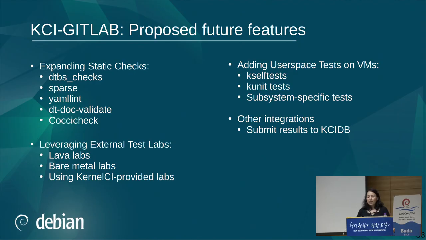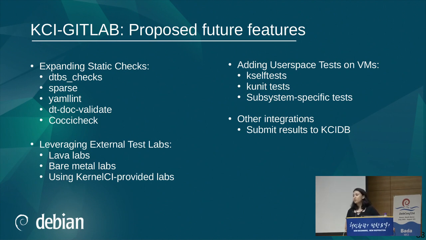We could also add user space tests on top of virtual machines, similar to what DRM and Media-CI already do. But instead of executing their own specific tests, you can already execute the tests that are inside the kernel itself. So the kernel provides what we call kselftests, KUnit tests, and also we can run those subsystem-specific tests.